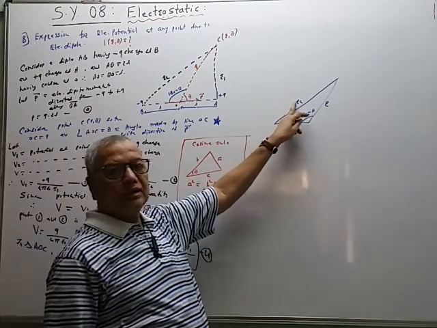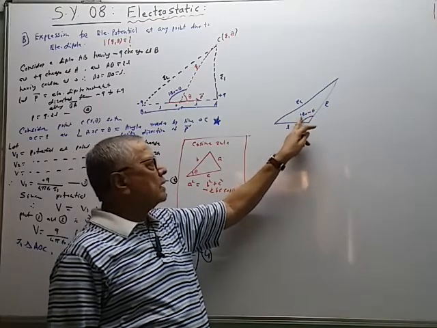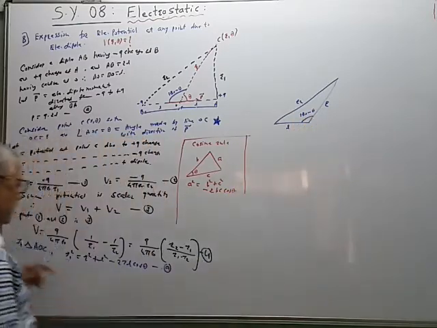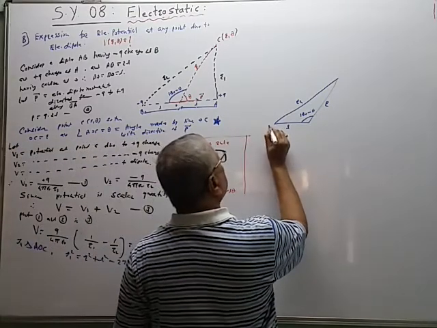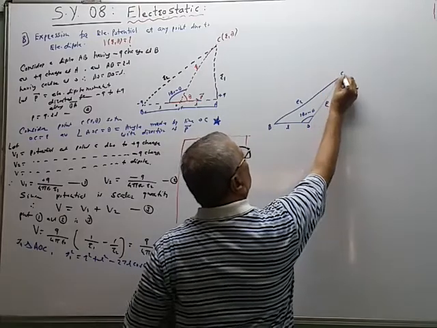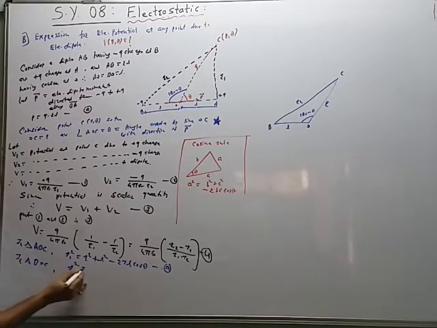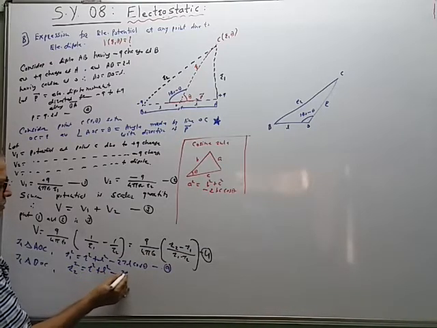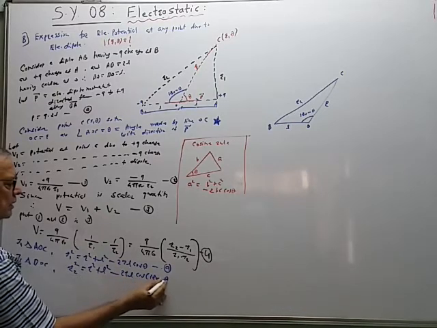So in triangle BOC, R2 square is equal to R square plus L square minus 2 times RL cos of (180 minus theta).